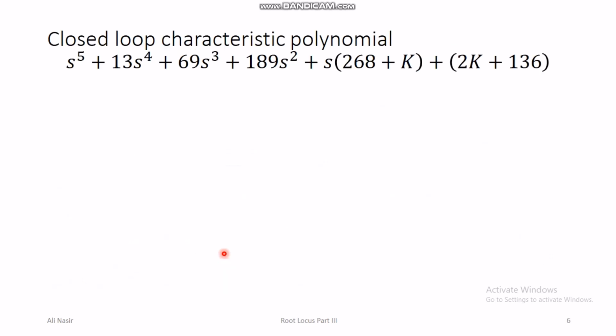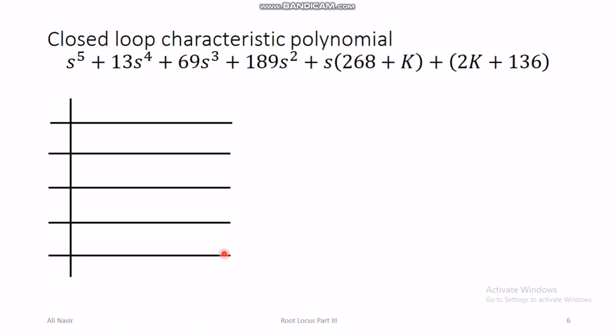But in this example, we already know how to construct the Routh-Hurwitz table. There is a row for every power of s, and we know how to fill in these rows. We put in the coefficient of s to the power 5, and then we leave s to the power 4 and put the next coefficient, leave 1 and put the next.